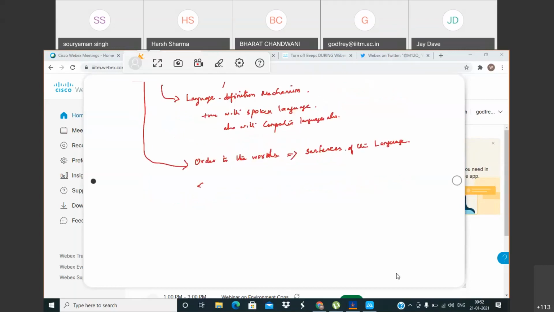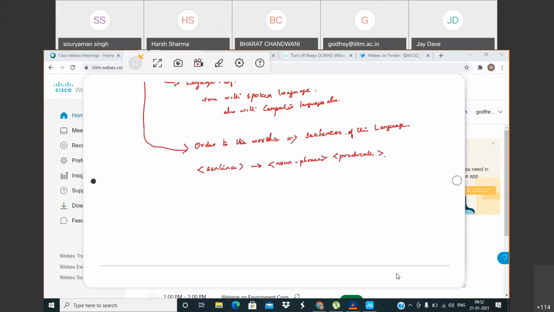For instance, if you have a sentence, then the sentence should have a noun phrase followed by a predicate. If you look at a noun phrase, then you have an article followed by a noun.